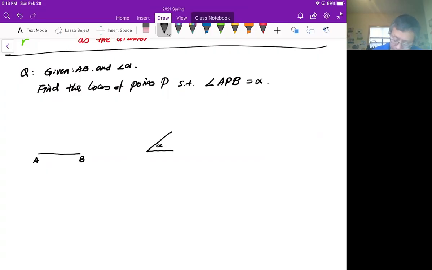Let's see. It might be somewhere here, so that's the P here. So angle APB is equal to alpha. But keep in mind, in this case there are lots of P's that satisfy the same condition. There may be another P somewhere, maybe another P here.